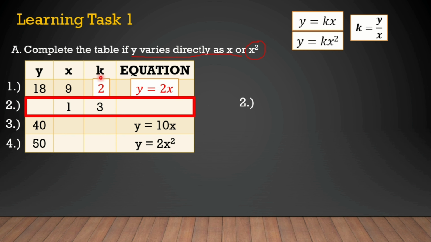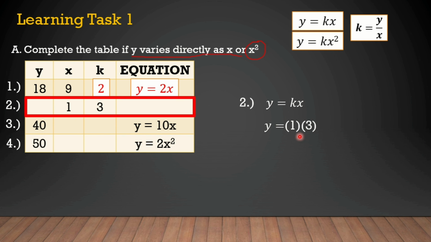So, meron tayong x, merong k. So, ano naman ang formula ang gagamitin natin? Since hinahanap yung y, ito yung gagamitin nating formula: y is equals to kx. So, isa-substitute lang natin kung ano yung mga nandito na given. So, ang k natin ay 3. Tapos, baliktad lang yan. Okay lang yun. Walang problema.